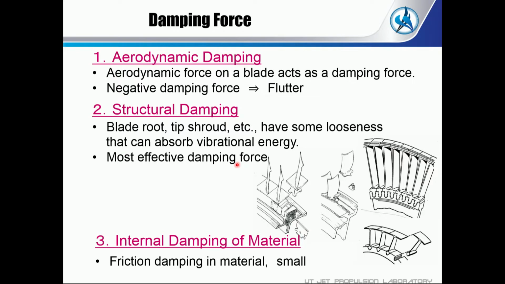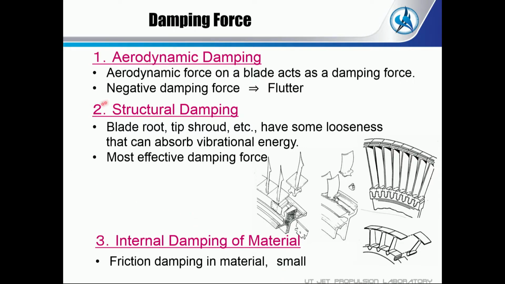So that is a very effective method to damp the vibration. And there is an internal damping of the material. It's a friction damping in the material, but it's very small. So it's almost negligible.